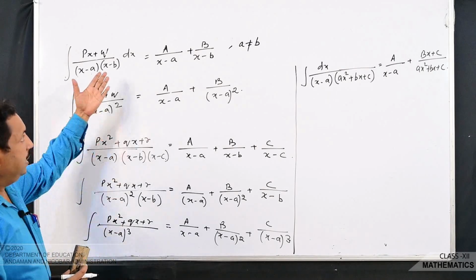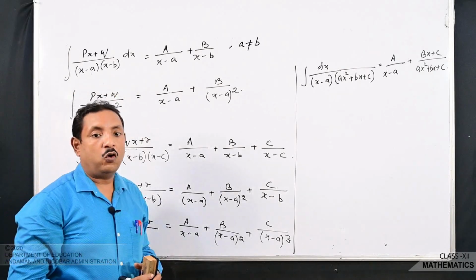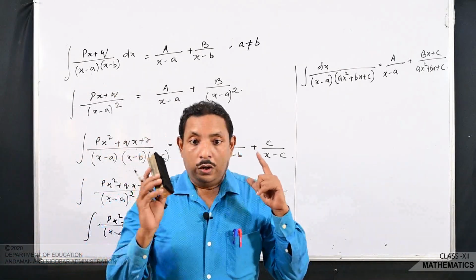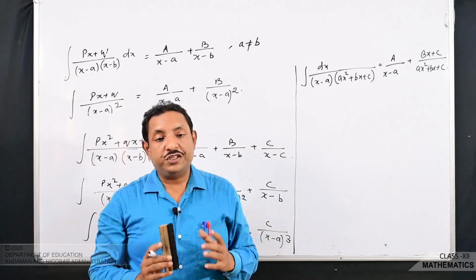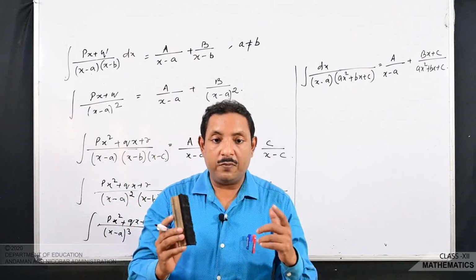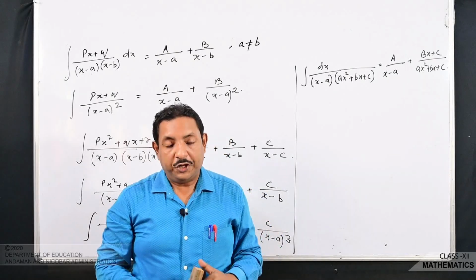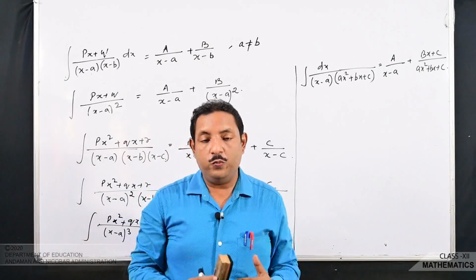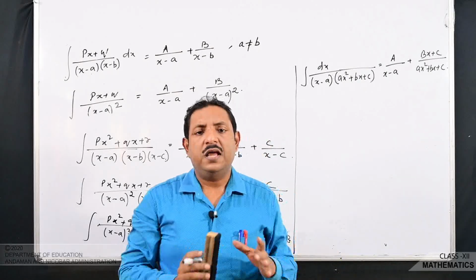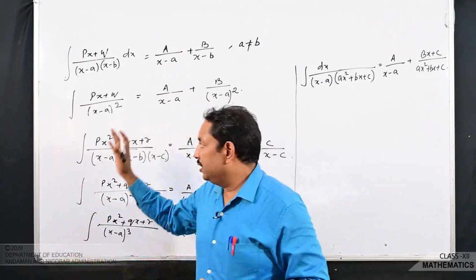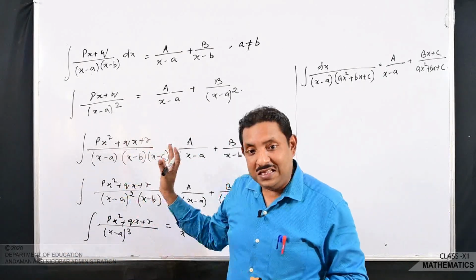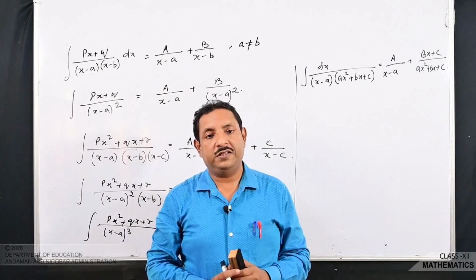So dear students, likewise you can solve the rational functions which are given as linear by quadratic, quadratic by cubic, or linear by cubic. All such problems can be solved by using these forms, and these are called partial fraction methods.